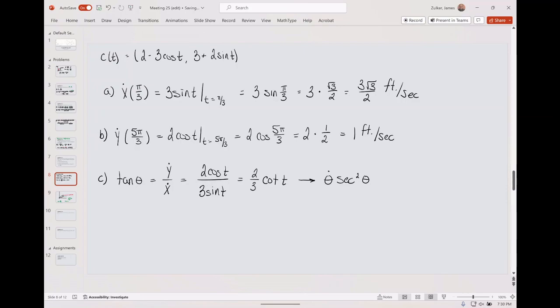And then times obviously the derivative of theta. So you get theta dot secant squared of theta.